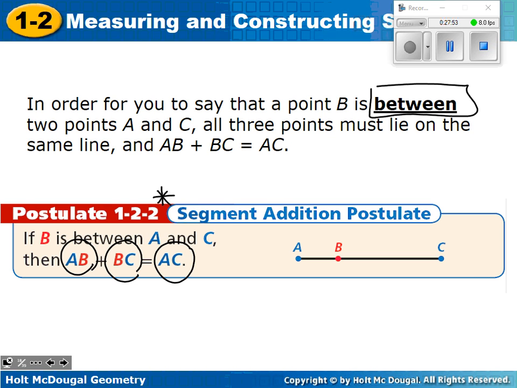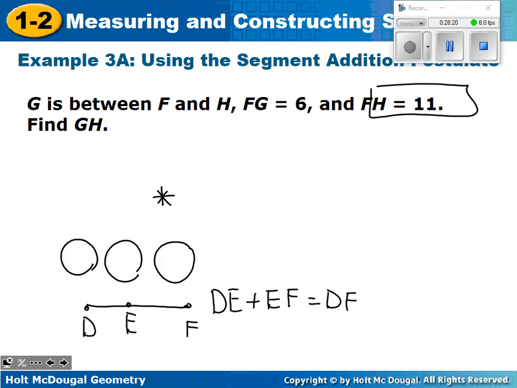So if they ask you on the homework to create a picture of a segment and state the segment addition postulate, that just means draw a line segment, label it whatever it tells you, and then write the segment addition postulate. DE plus EF should equal DF. Part plus part should equal the whole. Does that make sense?